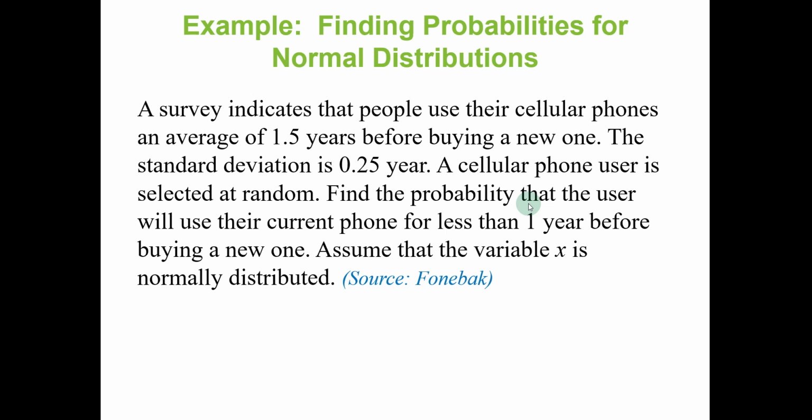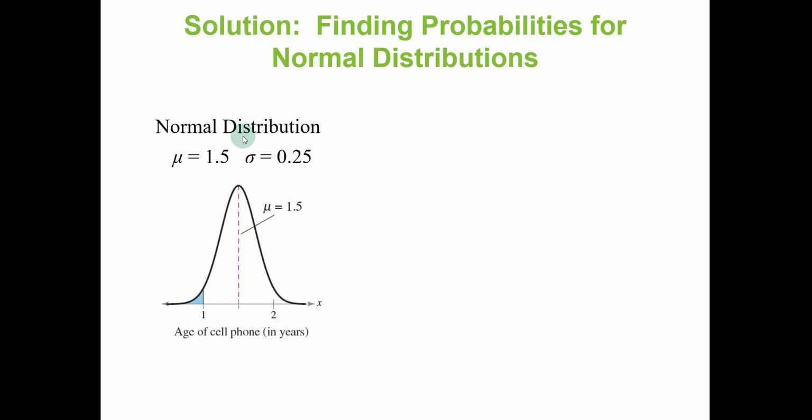Now, the assumption, as we said, is that it's normally distributed. If it's not normally distributed, it will not work. So we always assume that it's normally distributed, or we verify before we do the calculation. But you don't have to do that, because all questions I will give will be the ones which are normally distributed. Okay, let's do it.